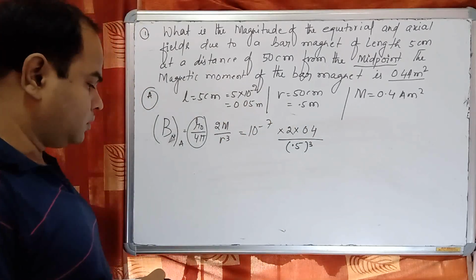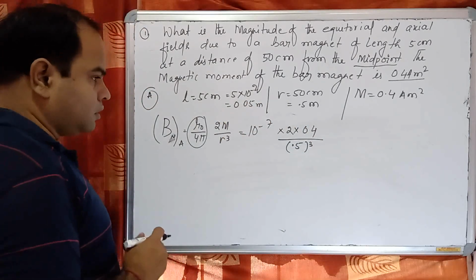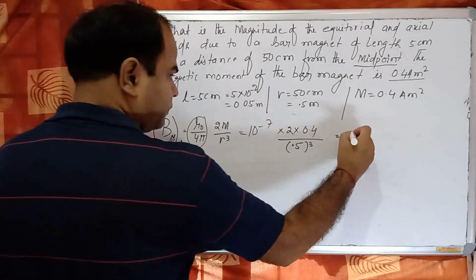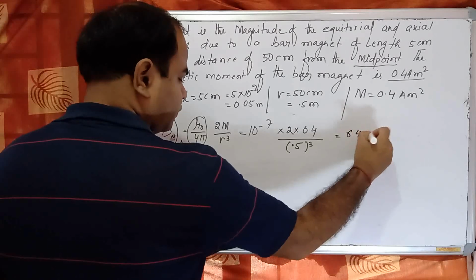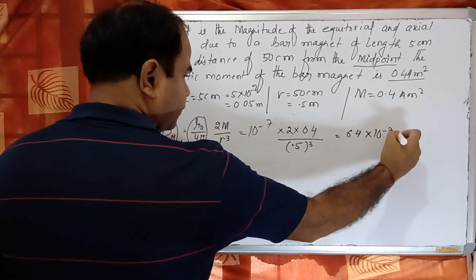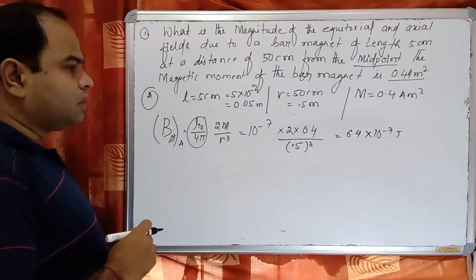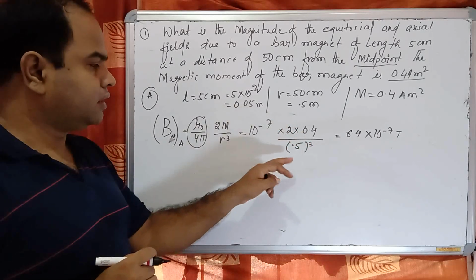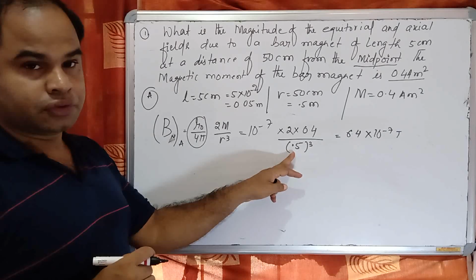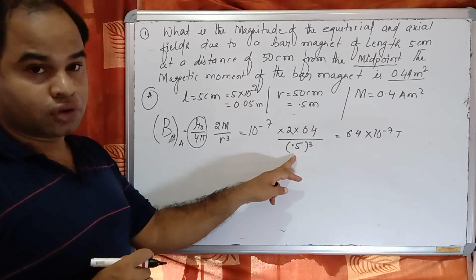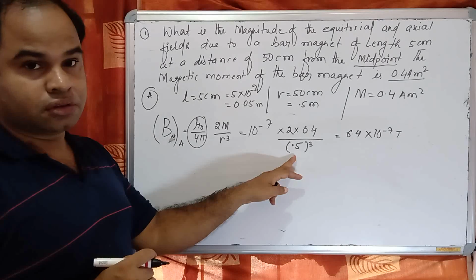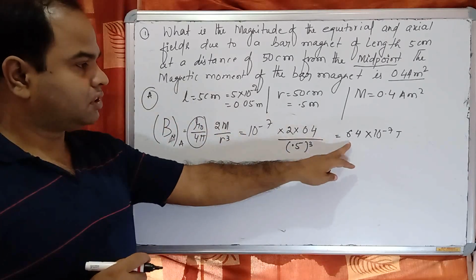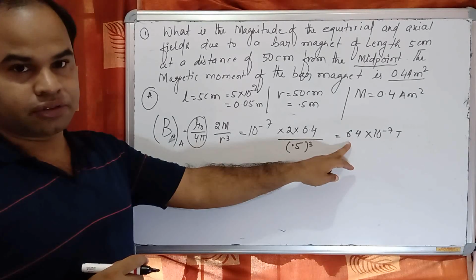Putting the values, this is 0.8 divided by 0.5 whole cube, that is 0.125. So if we divide, the answer will be 6.4 into 10 to the power minus 7 Tesla.